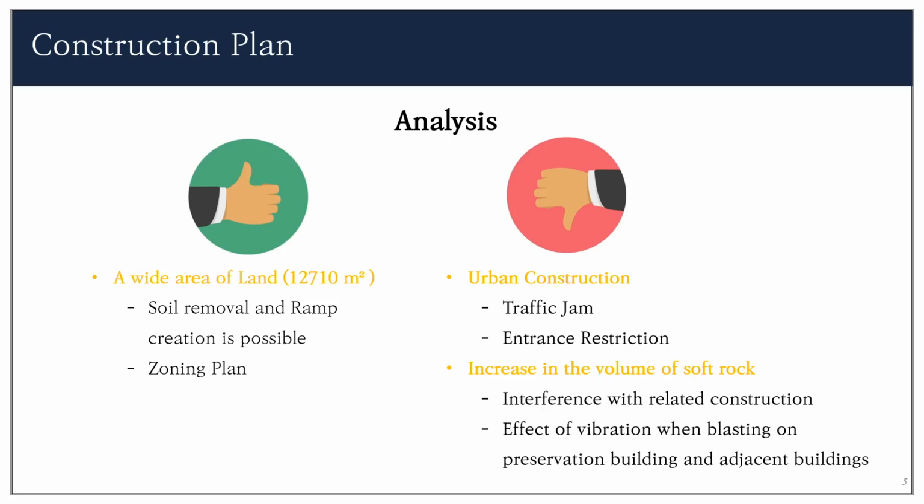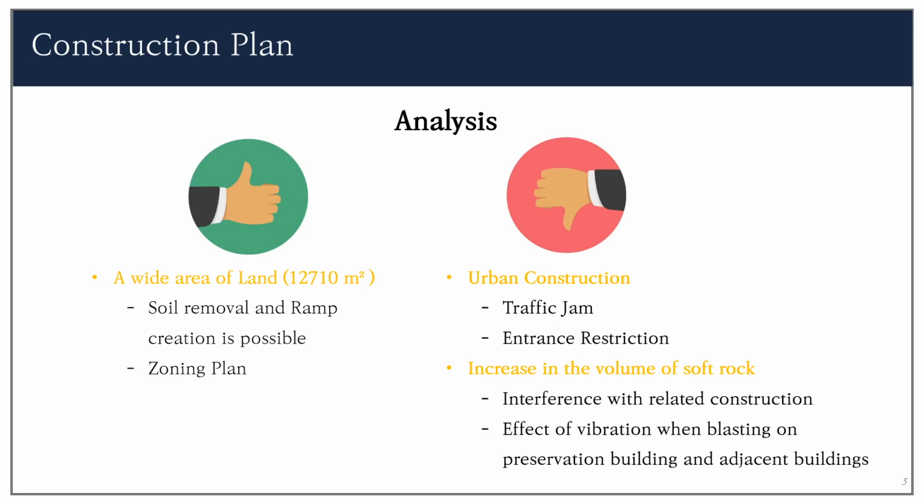When analyzing the site and the project, the advantages and disadvantages were cited. The advantage is that the site has a large area of 12,700 square meters, making it easier to remove soil and create a ramp. And the construction area could be divided into narrow areas, which is called zoning, so the construction could be carried out efficiently.